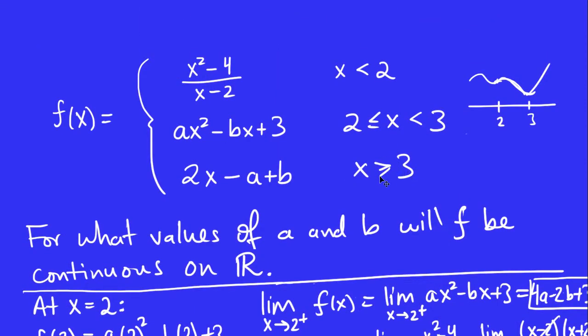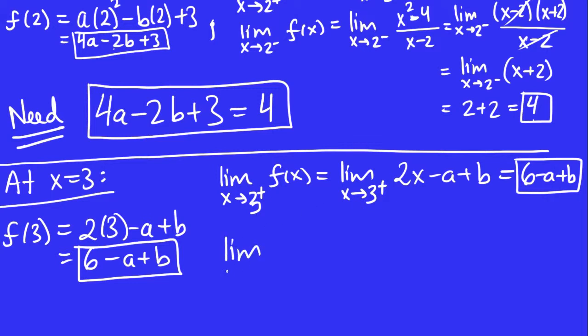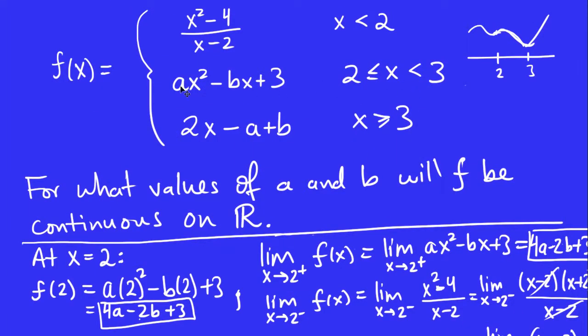So when I do the right limit at 3, x is bigger than 3, so I'm going to be using this option again, 2x minus a plus b. And again, that works out to be the same as this, right? When I plug 3 into this polynomial, I get 6 minus a plus b. This next one is going to be the one that gives us information. When I do the left limit at 3, I would be using the middle formula, right?